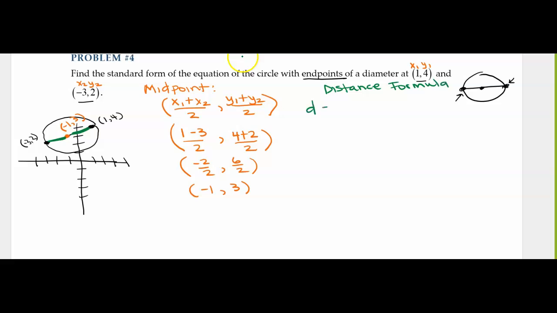But the distance formula says the square root of x2 minus x1 all squared plus y2 minus y1 all squared. And again, these are formulas you need to know for the upcoming exam. Make sure you have these memorized.